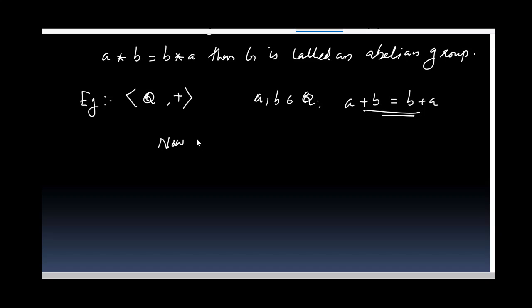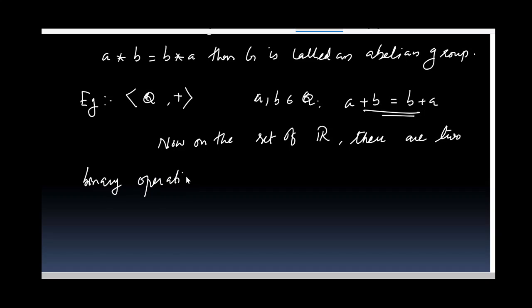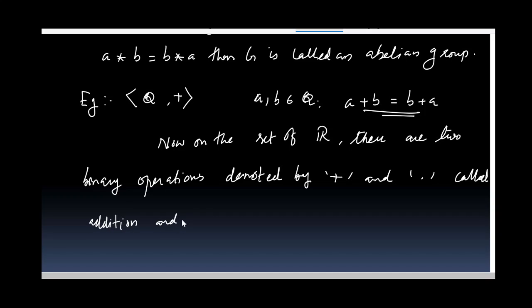Now, on the set of real numbers, there are two binary operations denoted by plus and dot, called addition and multiplication respectively.